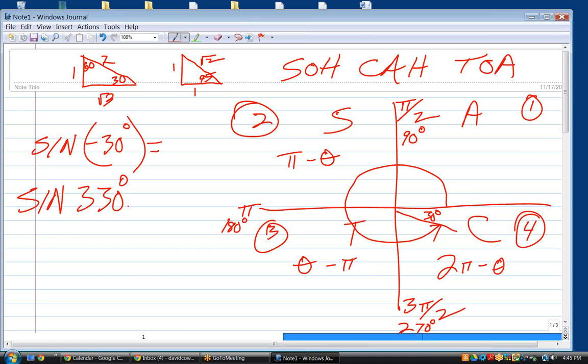Okay, well I know how to do the sine of 330. What quadrant is that in? Quadrant 4. What's its equivalent first? 30 degrees. Yep. What's the sine of 30 degrees?